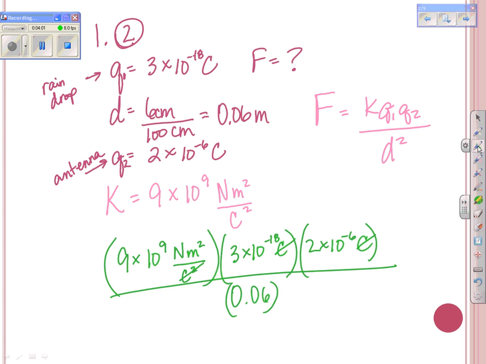Let me write my meters there. Oops, that's the end of the day, ladies and gentlemen. That's when I'm recording this. And we have to square this. So that allows us to cancel out that. We still keep the number itself squared though.